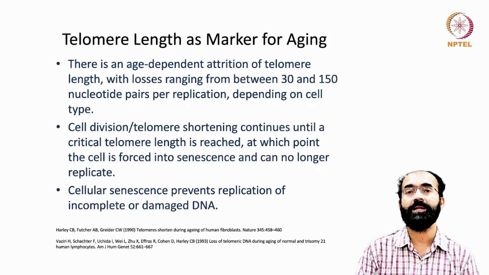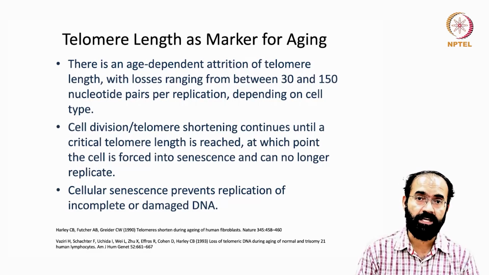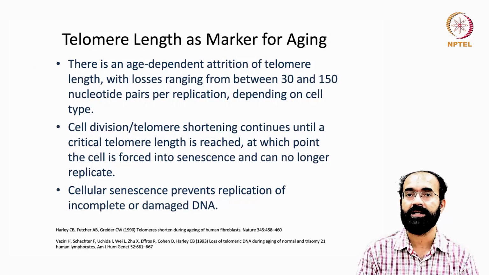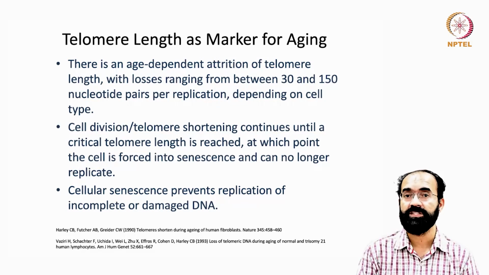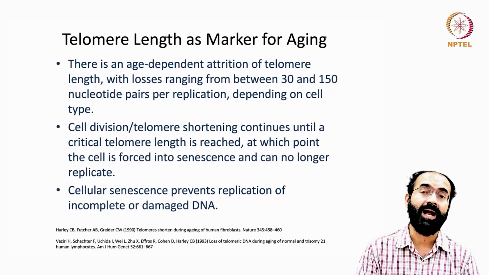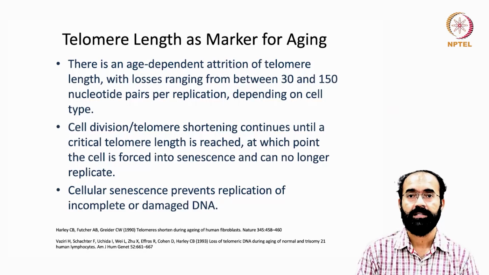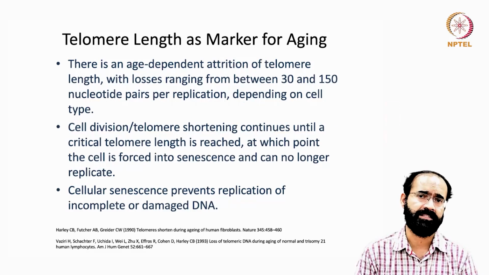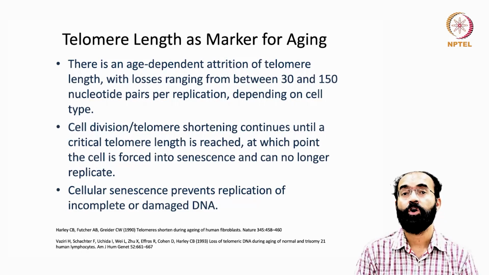In the same way, if the telomeric length is shortened and the cell still continues to divide, then what will happen? You will have gene loss. And if there is gene loss, the cell will not be able to perform its task, and it can also invite mad behavior of the cell, and it can lead to cancer. Mad behavior means cells have to follow certain rules, like contact inhibition: do not pile over each other, and when one cell comes in contact with another, it should stop dividing. You don't want such things to happen in a normal scenario.